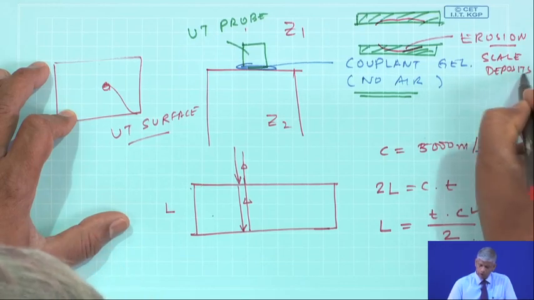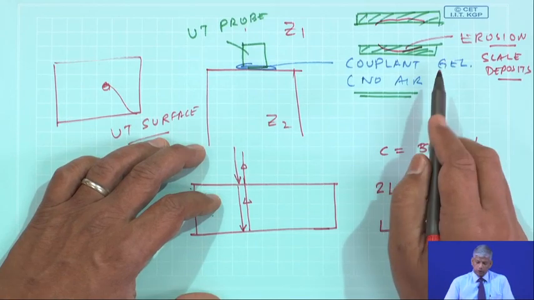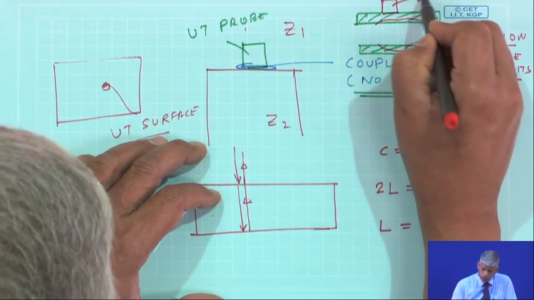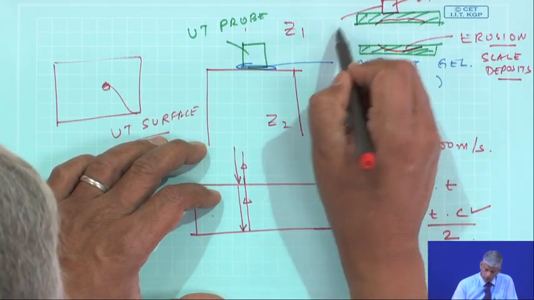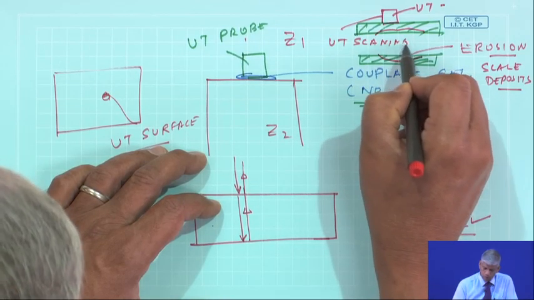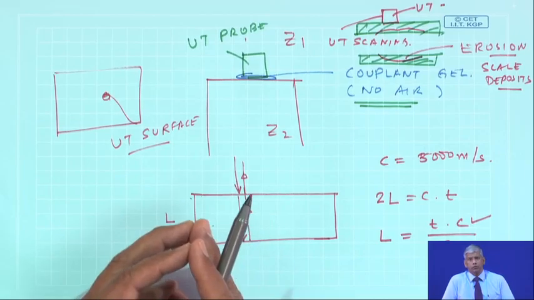So, externally, to monitor the quality of the internal thickness of the pipe, I can do a UT scanning. So, there are many applications of ultrasonics in condition monitoring, be it finding out thickness, finding out cracks, weld defects and so on.